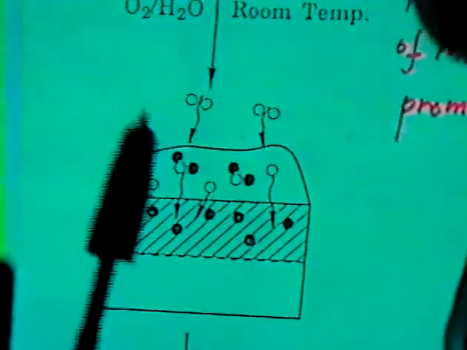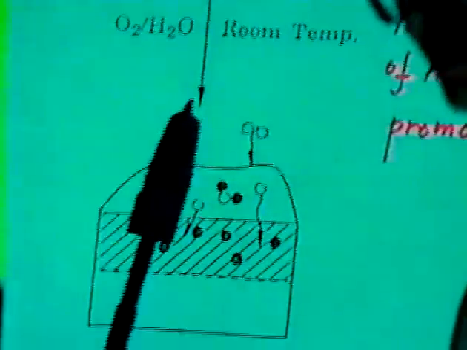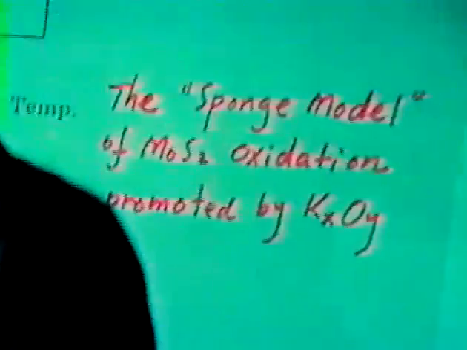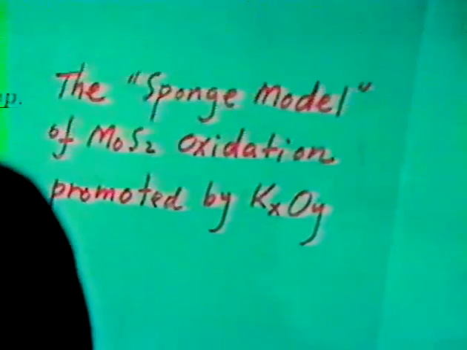Then potassium picks up the oxygen from the gas phase and supplies it into the bulk. This role of potassium has been termed the oxygen sponge. During this process, some part of the potassium also diffused into the bulk, resulting in the exposure of the uncovered molybdenum sulfide surface.